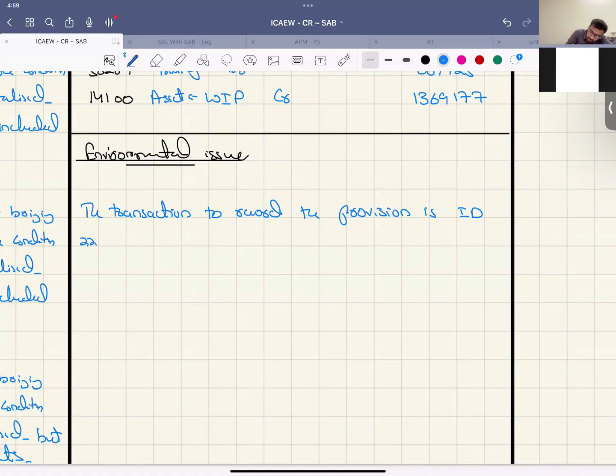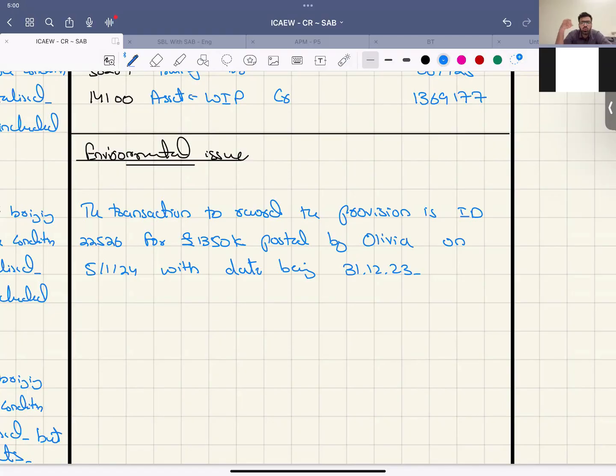It's 22526, for British pounds 1350K, posted by Olivia on 5/1/24, with the date being 31st December 23.